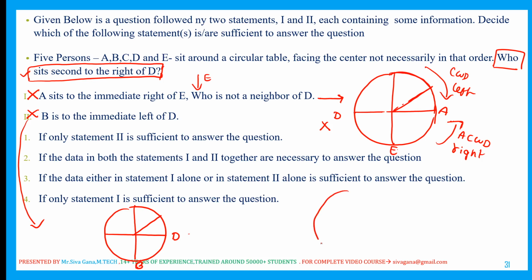Let us combine both statements. This is statement 1, here D is not there. And B, D: this should be B, this should be D, then it is C. Now I can answer who sits second to the right of D, because I placed all the 5 persons.